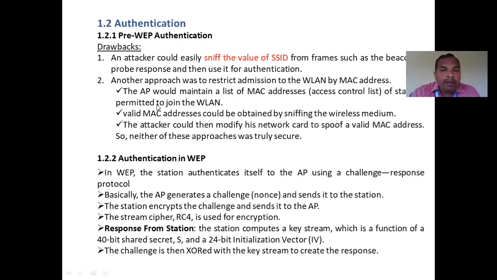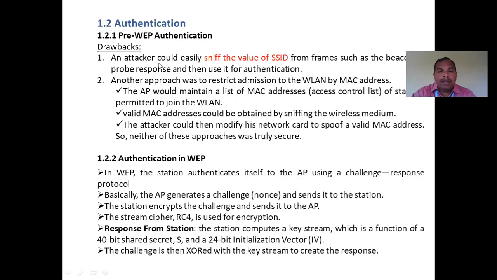Authentication includes various kinds, and every time we need to understand the drawback of the authentication type. To overcome the drawback of a particular authentication type, we need to extend to one more authentication type. So the first authentication type is pre-WEP authentication. This authentication has several drawbacks.